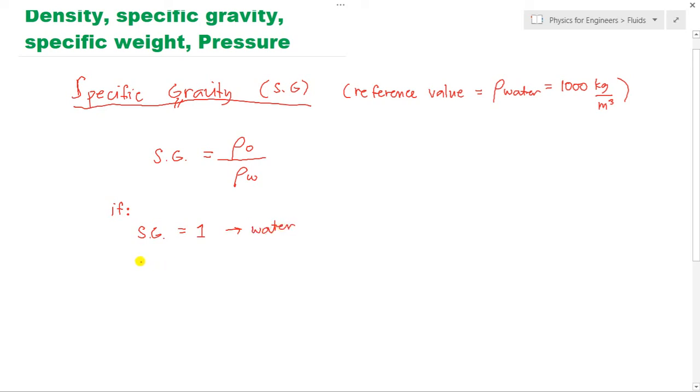How about if the specific gravity is less than 1? If the ratio of the density of the object and the density of the water is less than 1, what does that mean? What is the indication? Any idea?